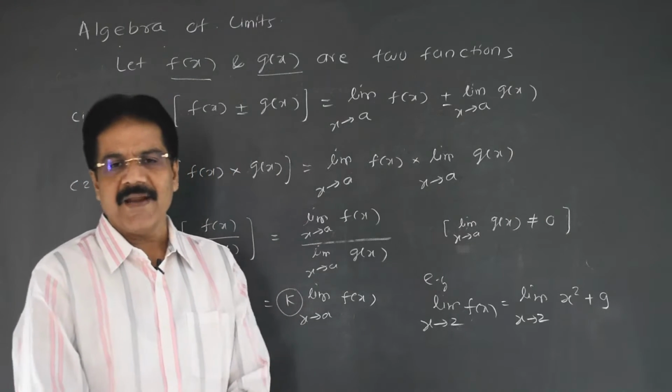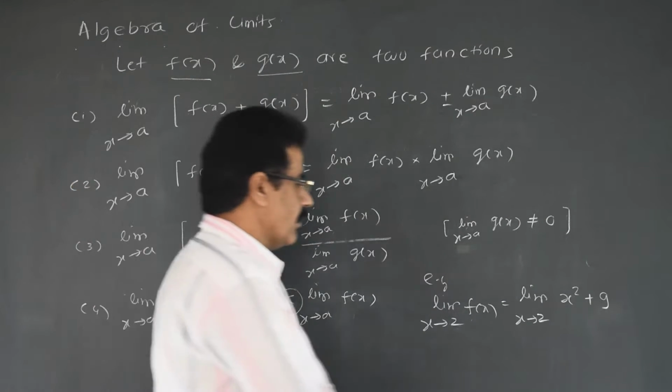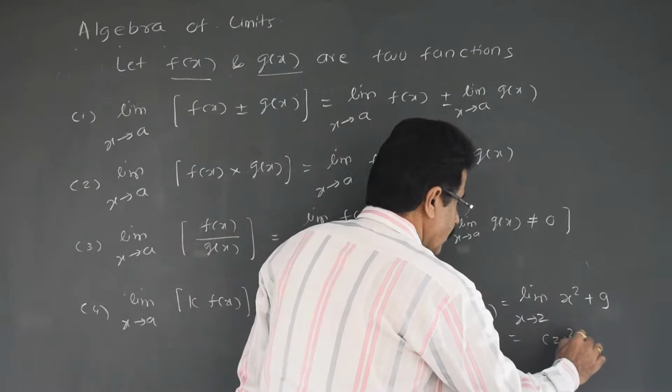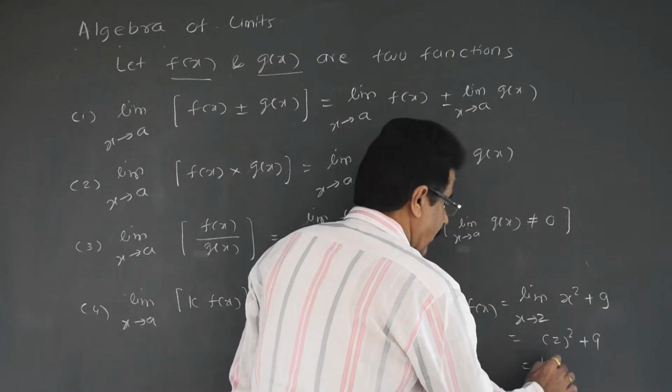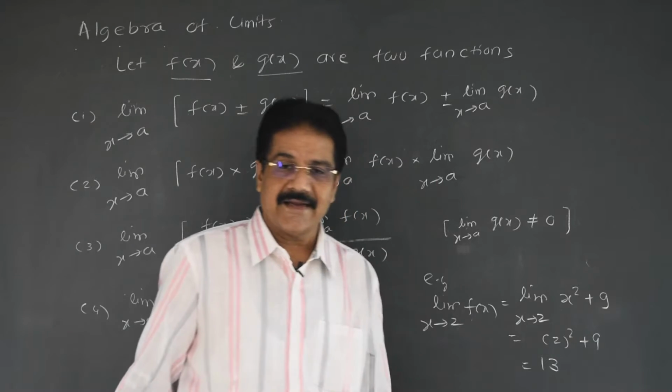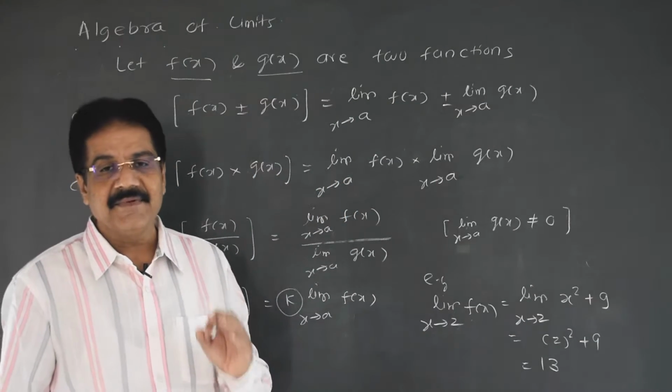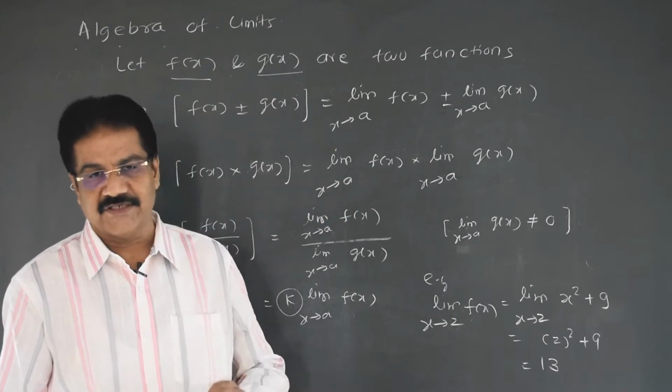You just have to replace the value of x equal to 2. So here we get 2 square plus 9 and that is equal to 13. So we can say that 13 is the limiting value of the function.